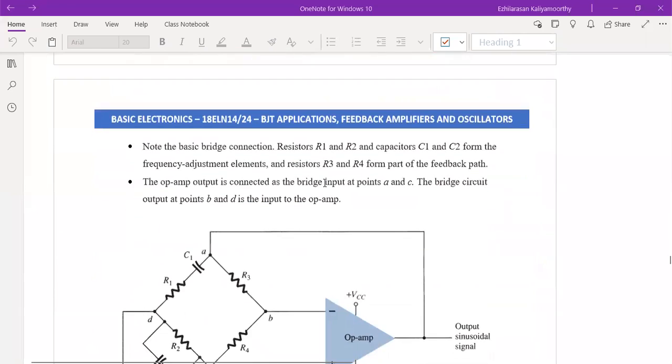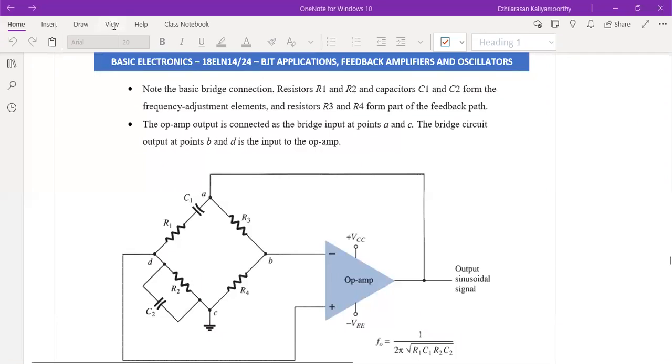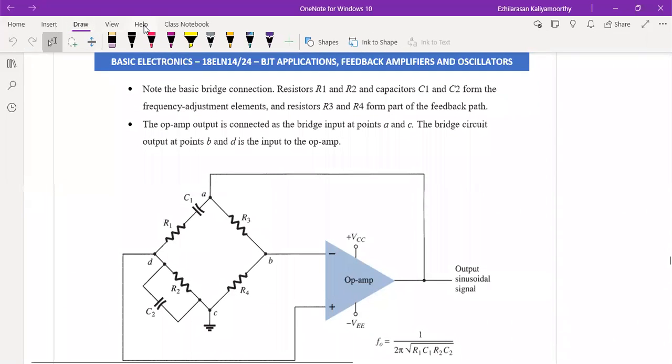Now let us see the figure which shows the Wien bridge oscillator. Note the bridge connection. So where is the bridge actually? See, this portion is nothing but the bridge.